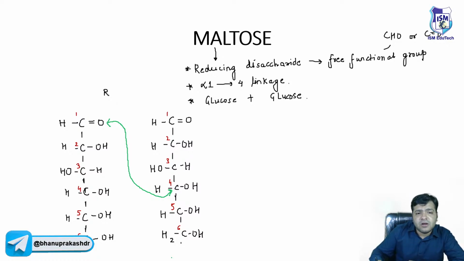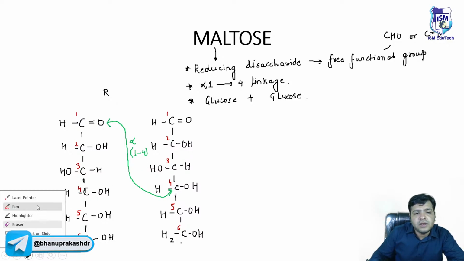So this linkage, beta, over here is called the alpha 1 to 4 linkage.